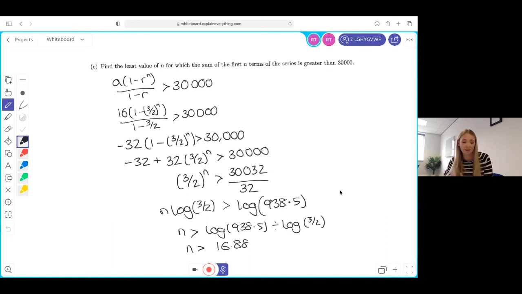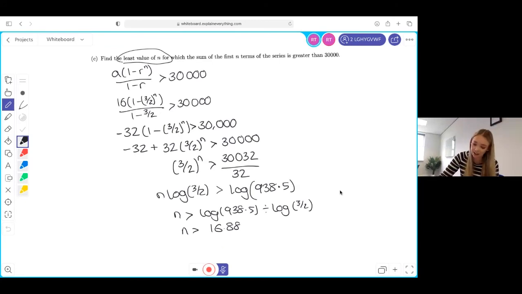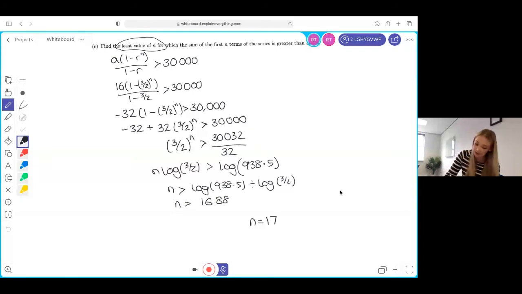So n has to be greater than 16.88, but we wanted the least value for n. So the least integer value that n could be is 17. With a lot of these equations, you can always check it to make sure that you're doing it right. So if we wanted the sum of the first 17 terms, I've calculated this and we got 31,496.36.